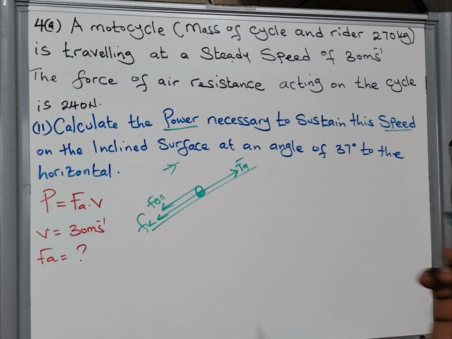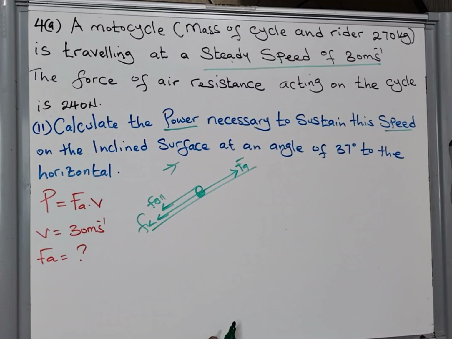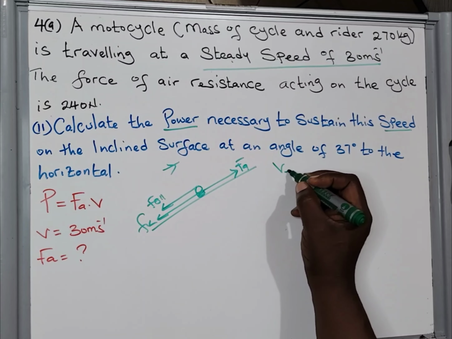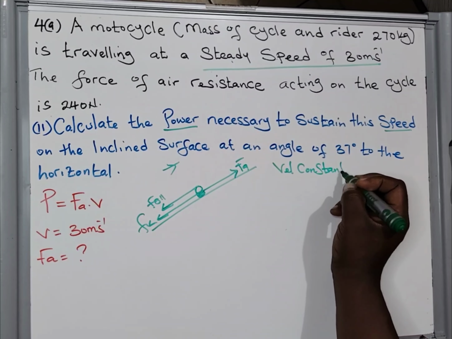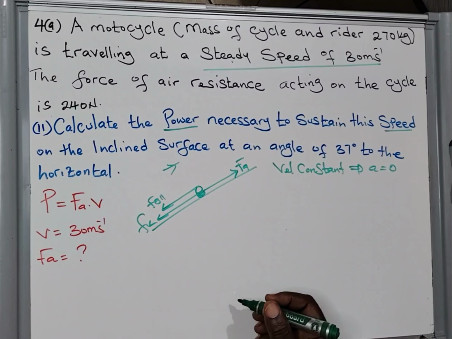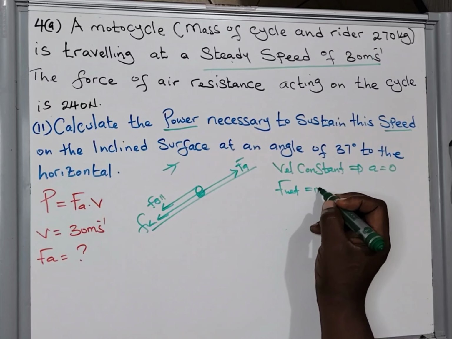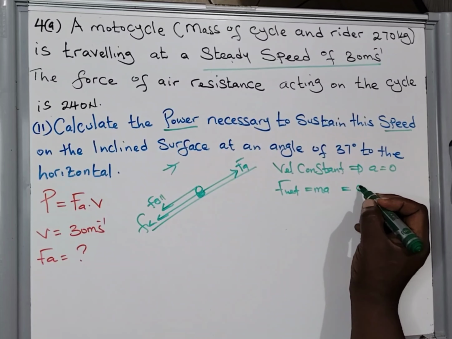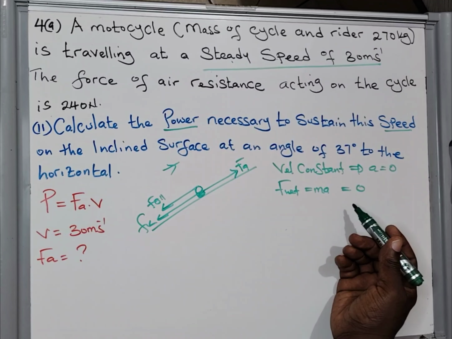And there's something very important here. They said steady speed, which is constant velocity. So what does that mean? You have to know that every time you have velocity constant, you as a scientist, what comes to your mind? That acceleration is zero. So if acceleration is zero, from Newton's second law, it means that F net is zero, because F net is equal to mass times acceleration.